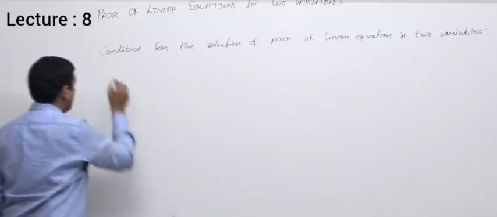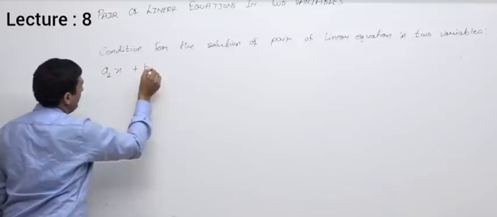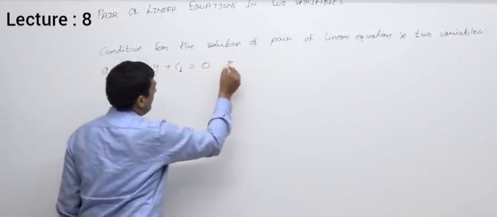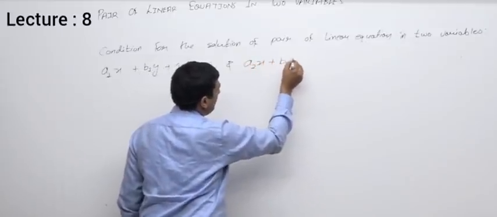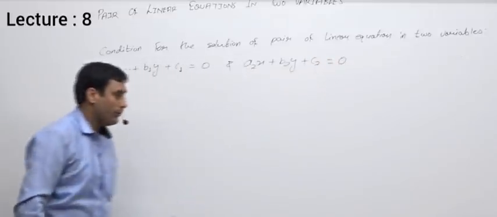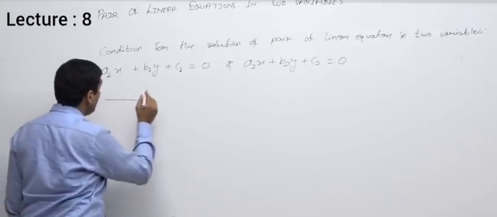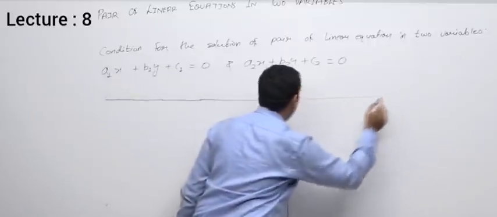Suppose we have the equations a1x plus b1y plus c1 is equal to 0 and a2x plus b2y plus c2 is equal to 0. We'll see how to get the different conditions of the solution in tabular form.